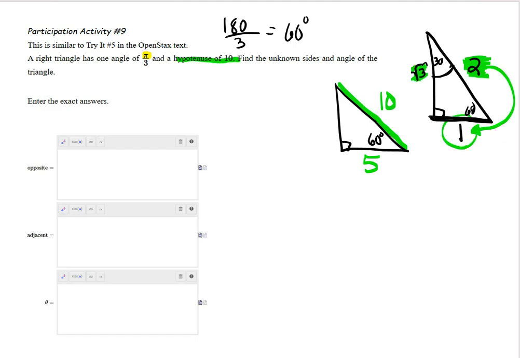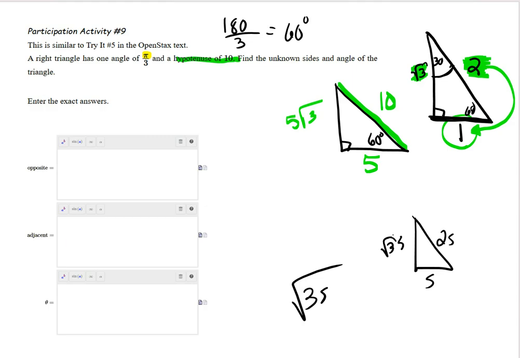So this would be, and the 5 really should go in front of the radical, because their little triangle, they've got, I think, S, 2S, and then the square root of 3S. But you should never put that behind the radical, because some people might think it's the square root of 3S, when it's not. It's the square root of 3 and then times S. They're separate, so that bugs me.